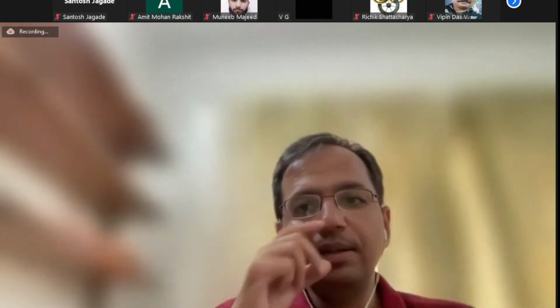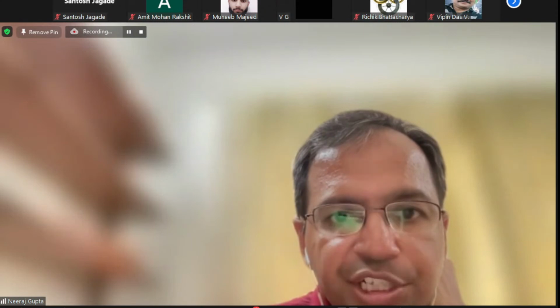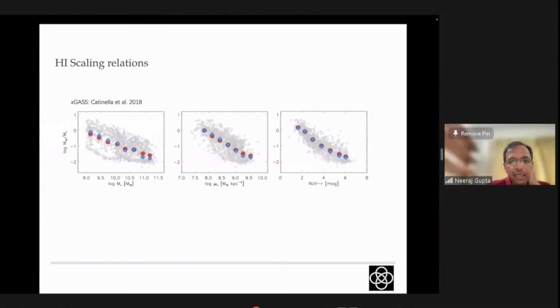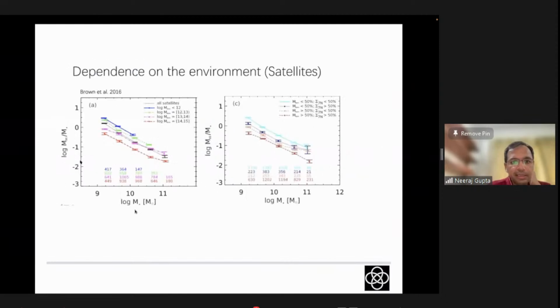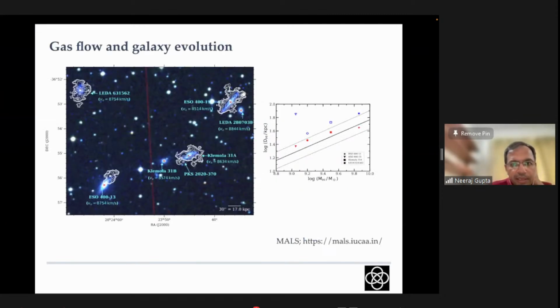For example, as I was showing you, let me again share my screen. So I think this scaling relation, if you look at this plot, let us keep it even simpler. One can see here that galaxies which are present in a group environment, that is, in a neighborhood where there are more galaxies, are, due to various processes over a period, more susceptible to losing their intrinsic gas, right?